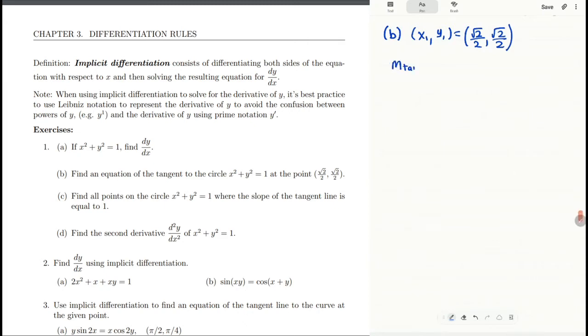So to find the slope of the tangent line, we will look at evaluating the derivative at the point root 2 over 2, comma root 2 over 2.